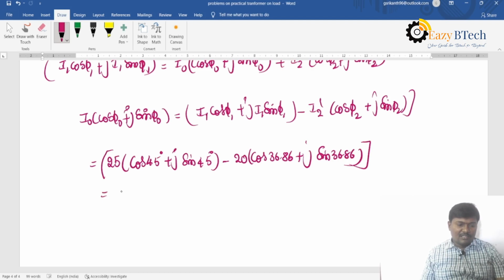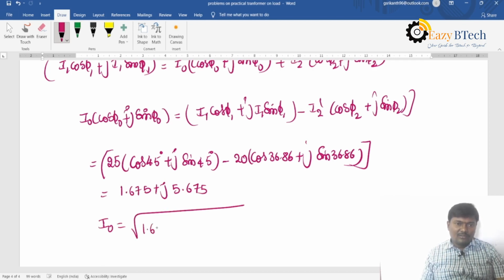So from this I am getting 1.675 plus j times 5.675. The magnitude of the resultant no-load current is the root of 1.675 square plus 5.675 square. Then I got it as 5.91 amperes.